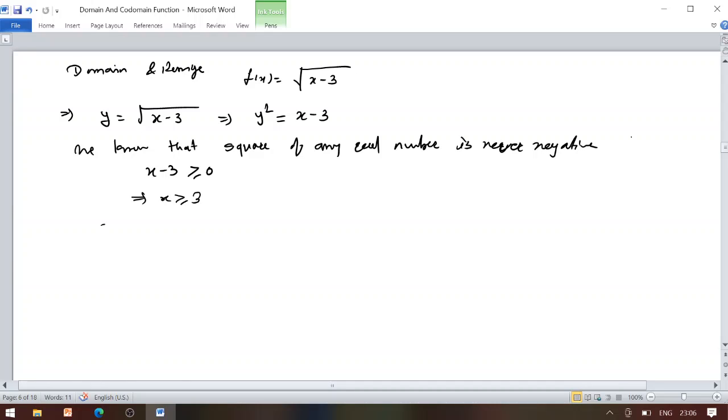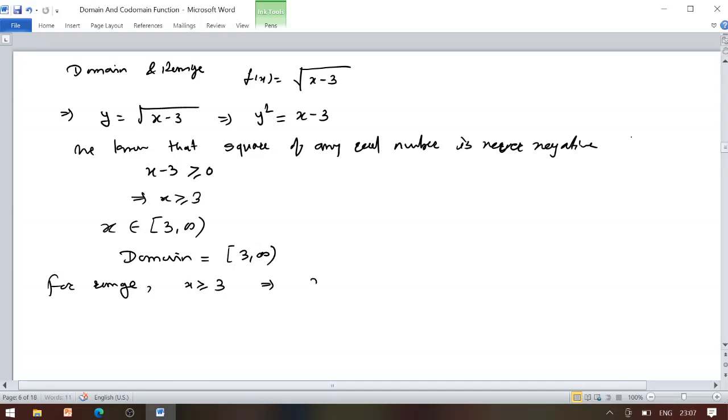So we have the domain, that means the values of x belong to the semi-closed interval 3 comma infinity. Now to find the range, the condition on x is x is greater than or equal to 3.